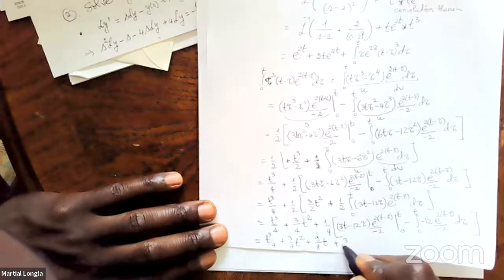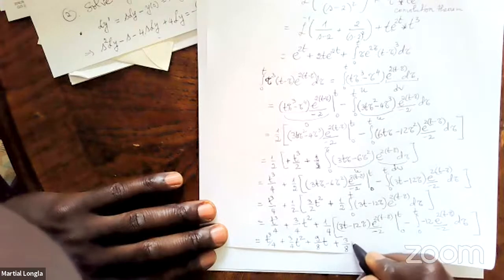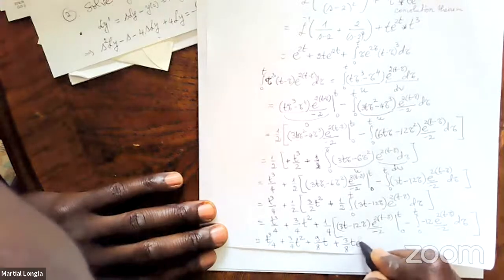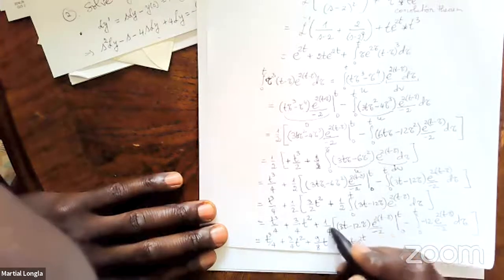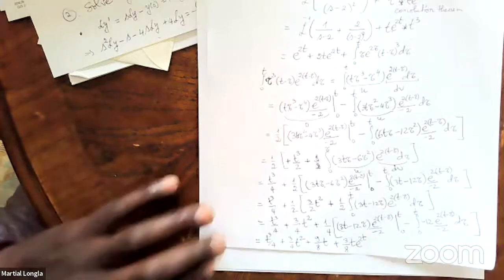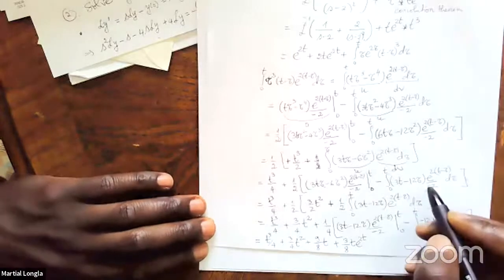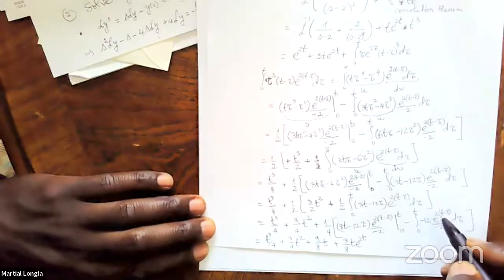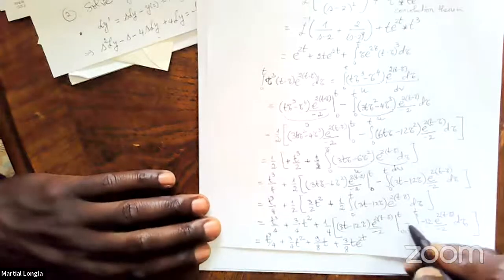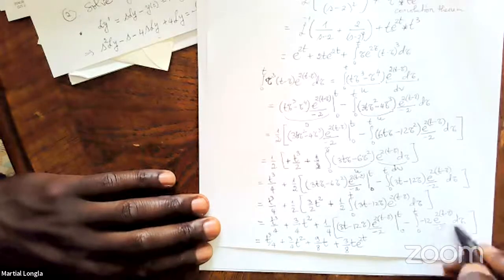So that's 3/8 t e to the 2t for this piece. And now we have the last piece, which is this integral.